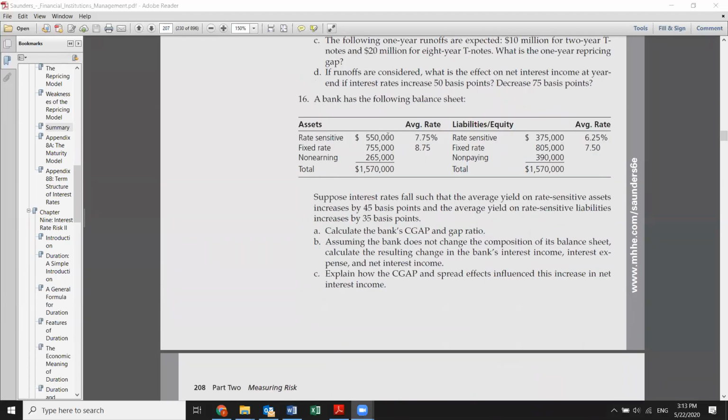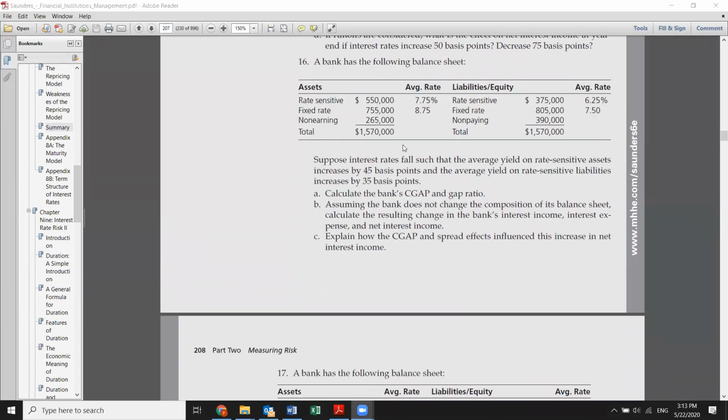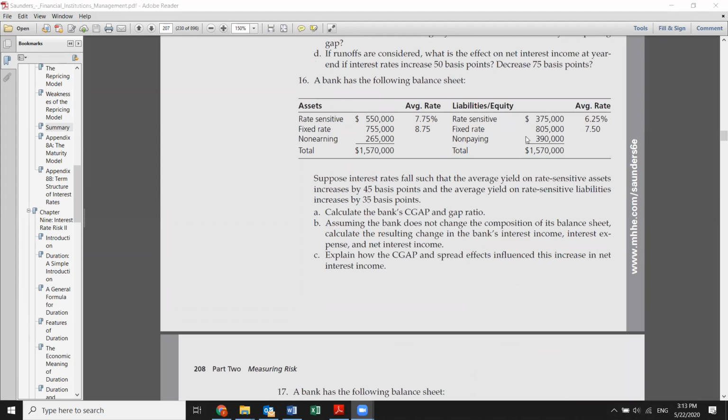Question 16. In question 16, we're given a balance sheet with liabilities and so on, and some extra information. Suppose the interest rate falls, such that the average yield on rate sensitive asset increases by 45 basis points, and the average yield on rate sensitive liability increases by 35 basis points.